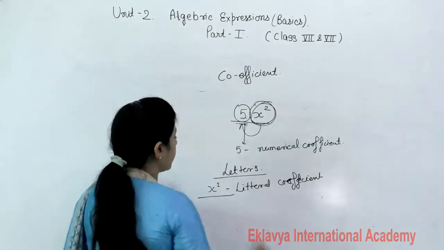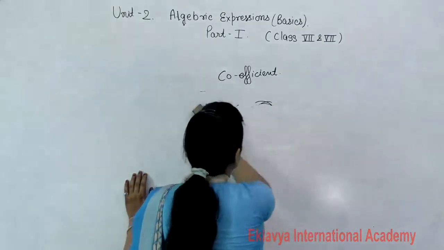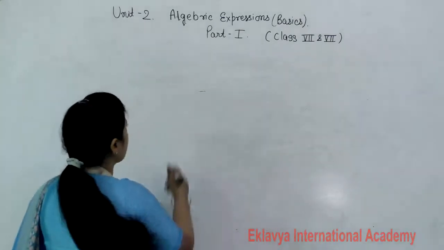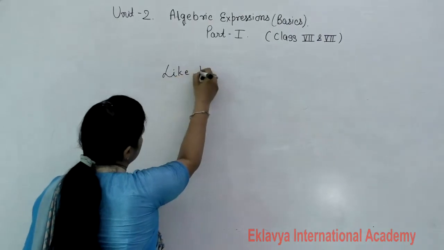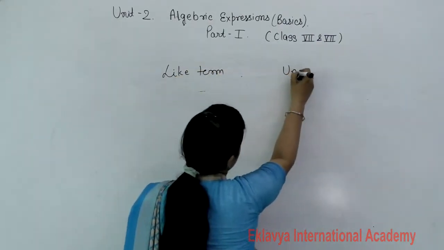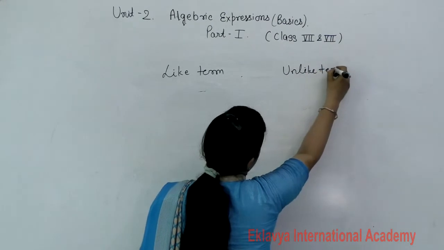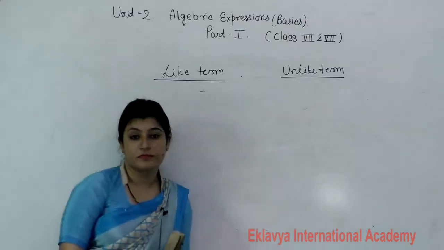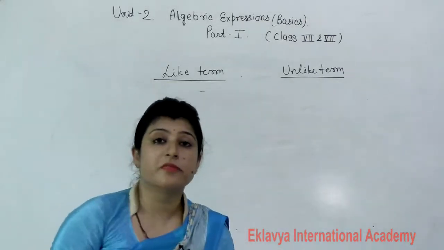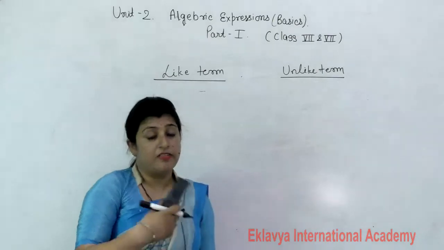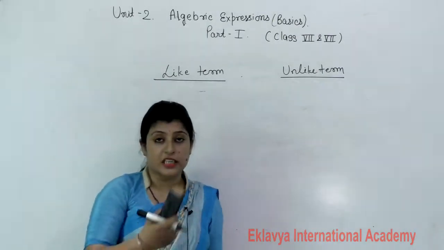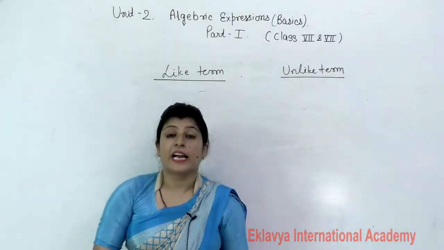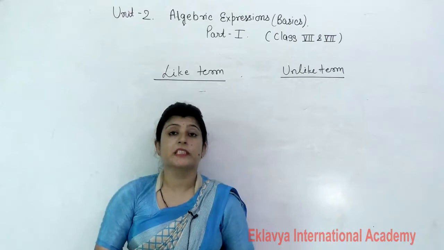Now see the next topic. Next we will talk about like terms and unlike terms. Like terms are terms which have the same type of variables, and the power should also be the same.